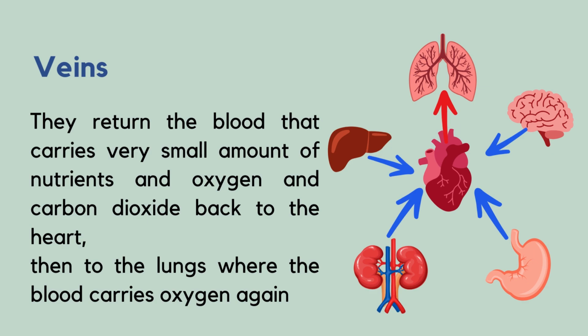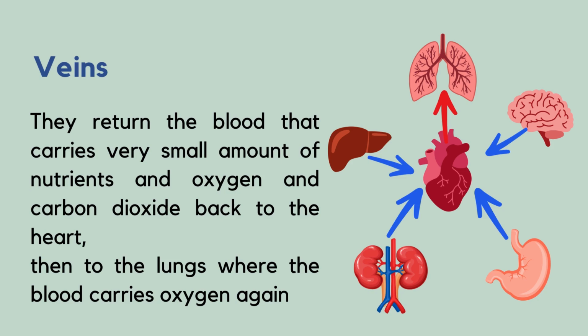So veins return the blood that carries a very small amount of nutrients and oxygen, and carbon dioxide, back to the heart, okay? And to get rid of this carbon dioxide, the waste product, this blood will go to the lungs, where the lungs will exchange gases, okay?